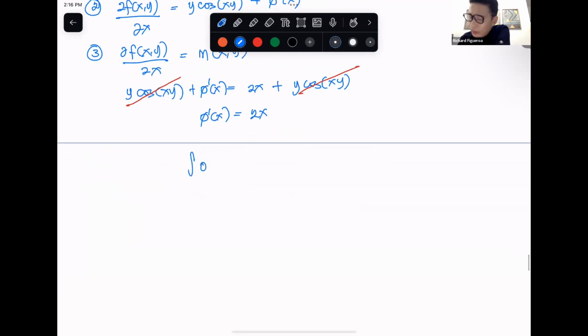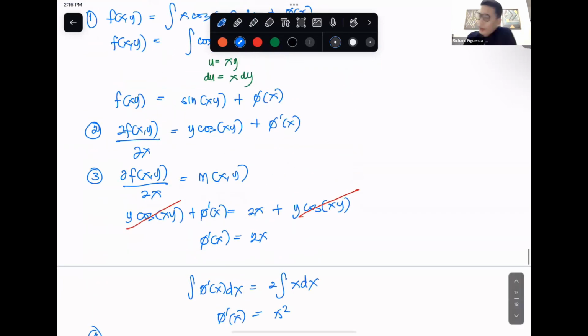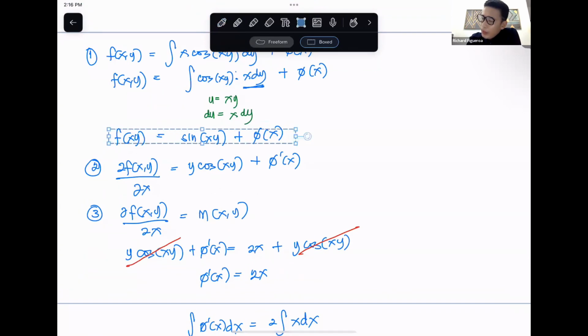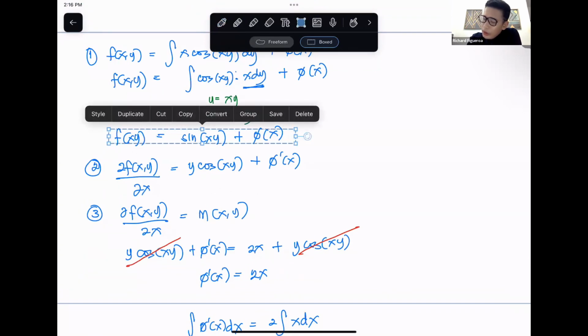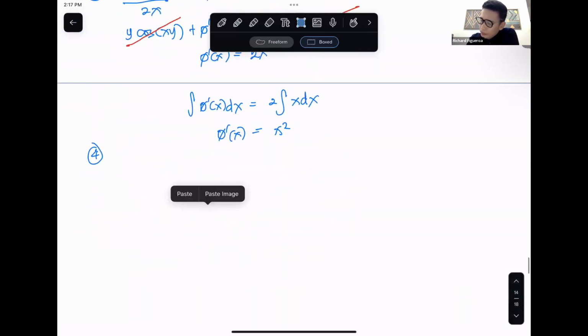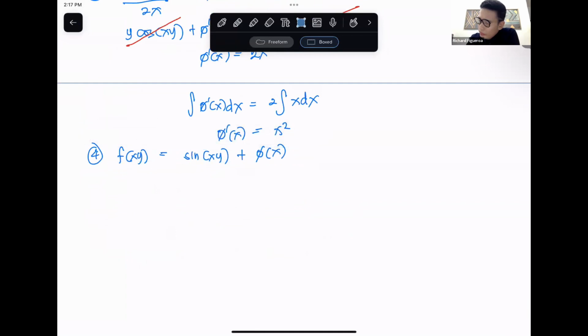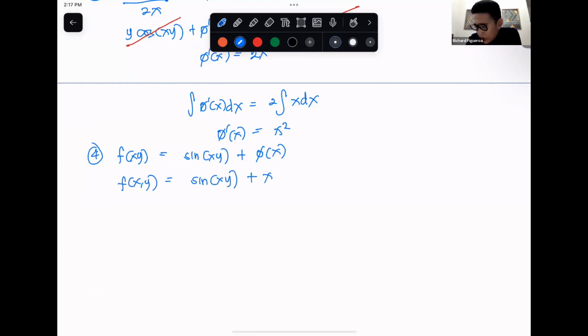So therefore, we integrate. So p prime of x dx equals to 2 the integral of x dx. So therefore, p of x will be x squared all over 2 times 2, so matitira will just be x squared. And finally, copying our answer for the first step, f of xy is equals to sine xy plus x squared.